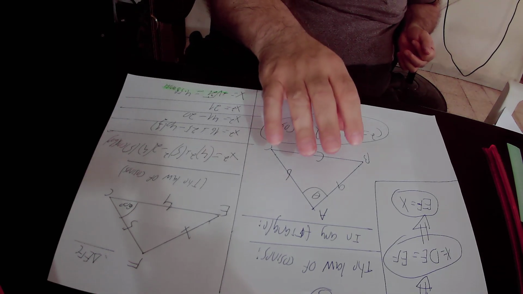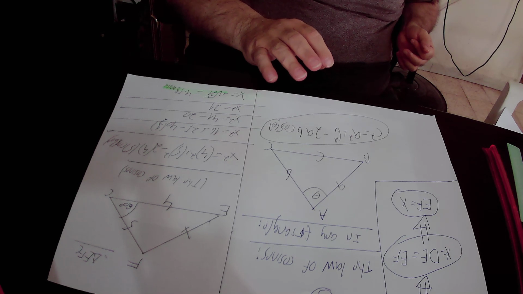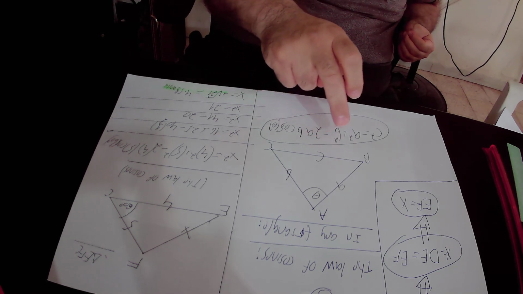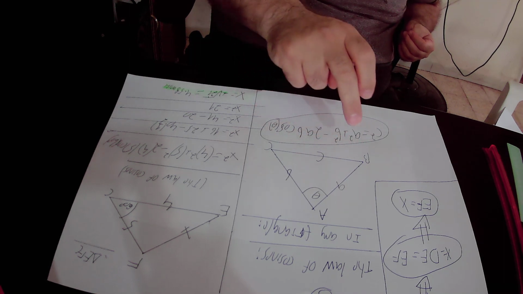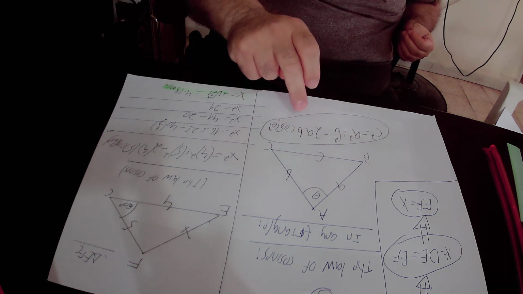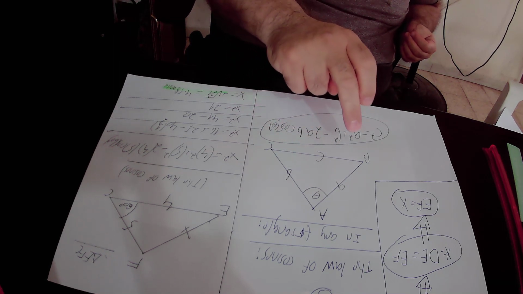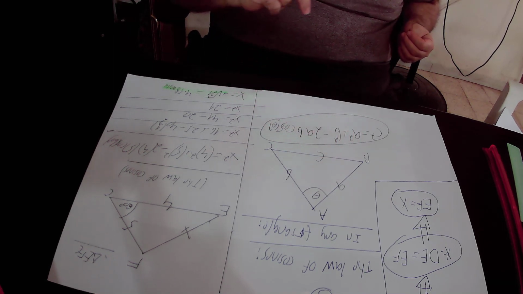If this is the data given to us, then the following equation is true: c squared equals a squared plus b squared minus 2 times a times b times cosine theta.